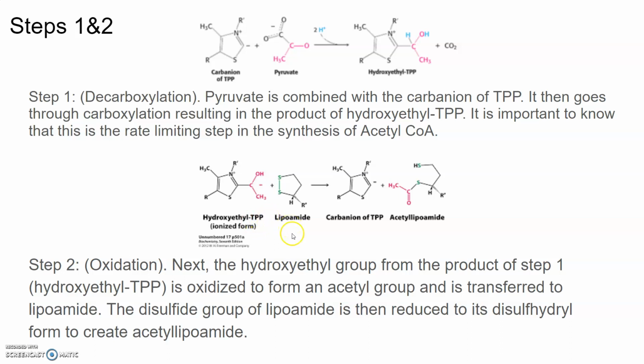The disulfide group of lipoamide is then reduced to its disulfhydryl form to create acetyl-lipoamide. So we can see the product from step 1 being oxidized to form an acetyl group, and then it's transferred to lipoamide.